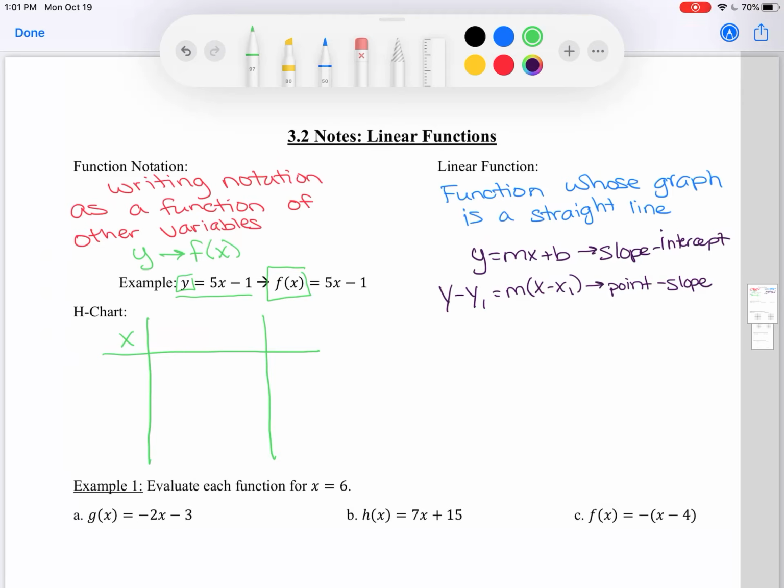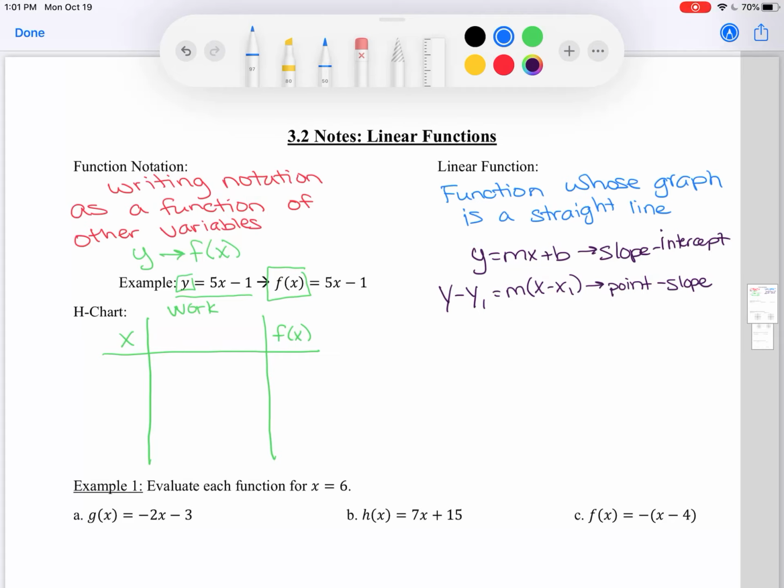An H-chart will look kind of like an H. So we will have 3 columns and then 2 rows. The top left is going to be x, and those are going to represent our x values all the way down. Then on the inside here, we're going to have our section for work. And then on the last, we will have f of x, otherwise known as our y values.